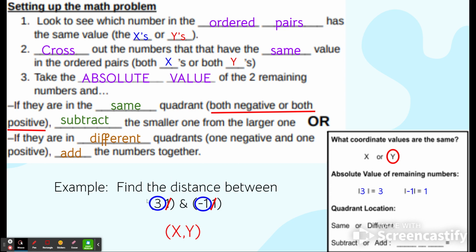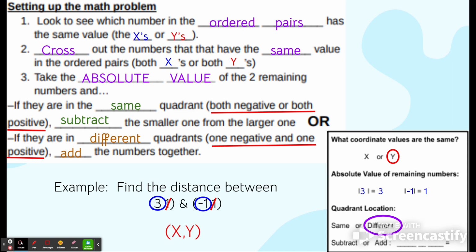Okay, so here we go. We're looking at it. One's negative, one's positive, which means they're in different quadrants, and we need to add their absolute value together. So down here, quadrant location, same or different. Because the signs are different, we're circling different.